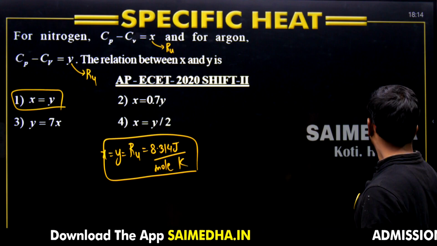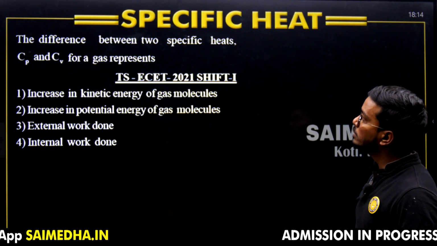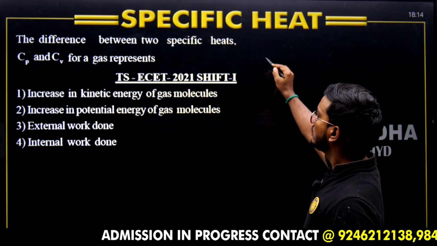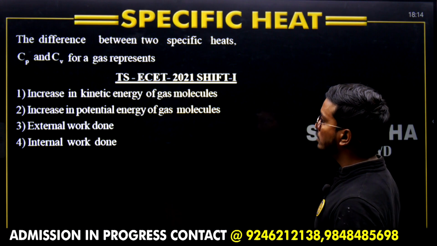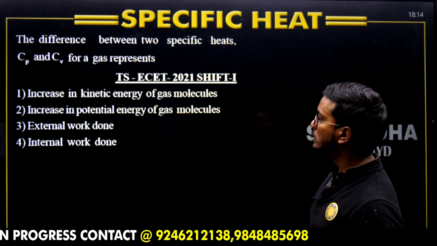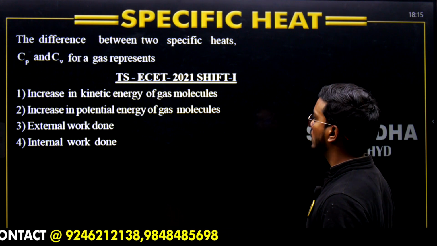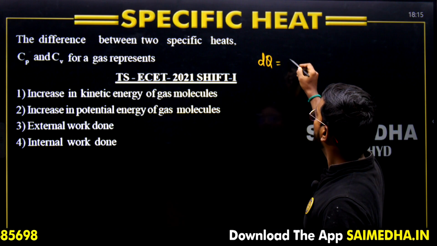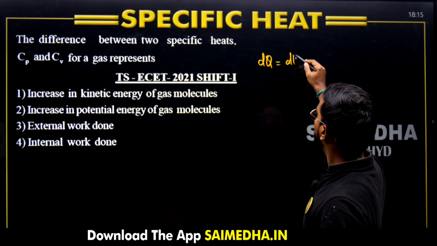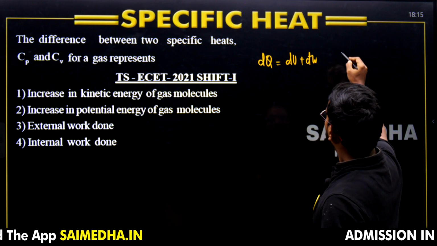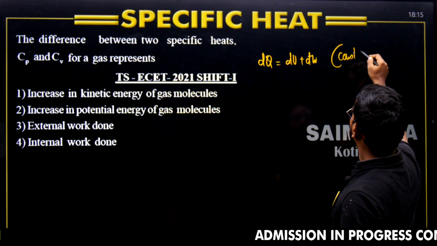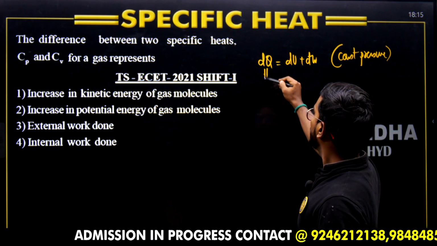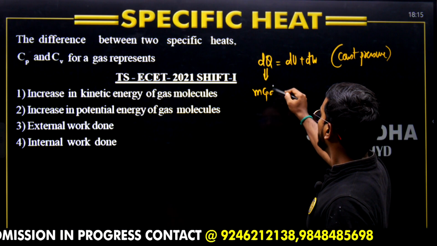Next question. The difference between the two specific heats Cp and Cv for gases represents: increase in kinetic energy of gas molecules, increase in potential energy, external work done, or internal work done. First law of thermodynamics: heat transfer d'q equal to du plus d'w. But generally we will be taking a constant pressure process here to understand this equation better. This formula is m into Cp into dt.